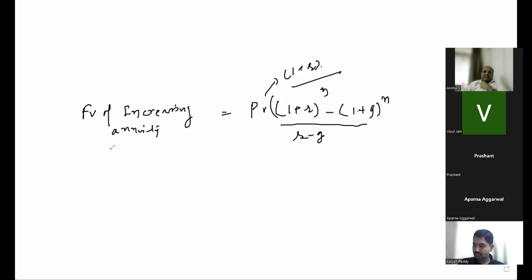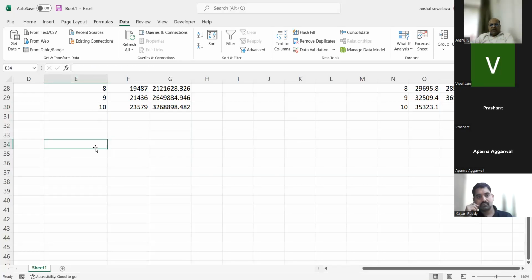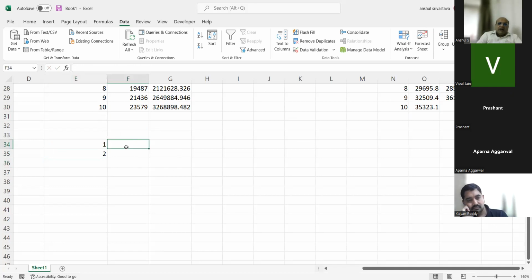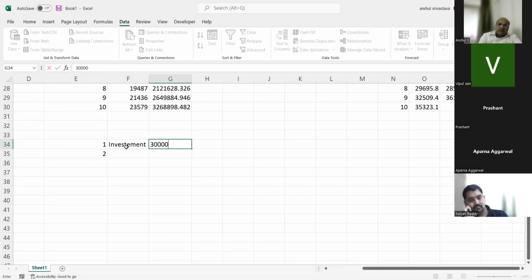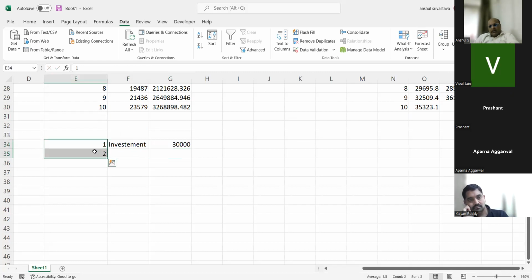So let's take an example of this also. How is it different from what we have done so far? Let's see. Let's say you are investing one amount every year, X amount every year. The initial investment amount is 30,000, and you are doing it for 12 years.